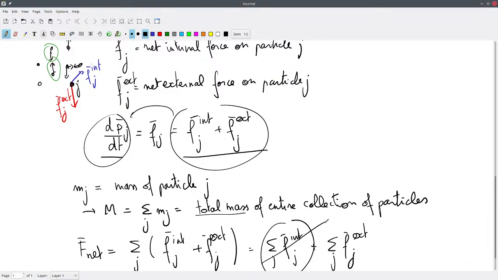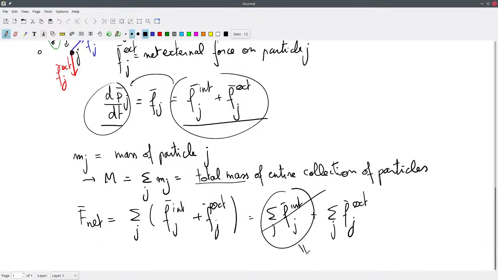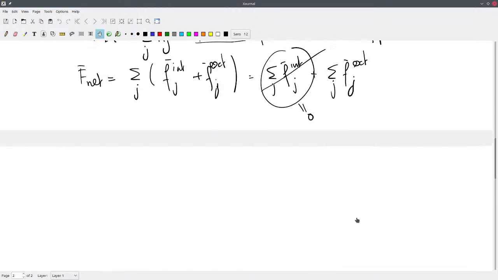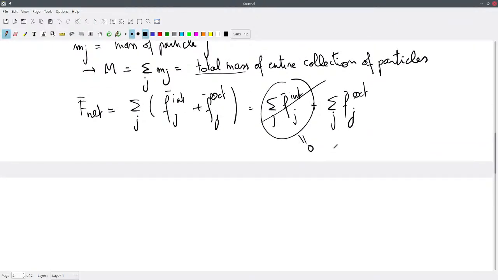So this must be equal to 0. Or in other words, the total net internal force must be 0, because all of those Newton's third law force pairs cancel each other.